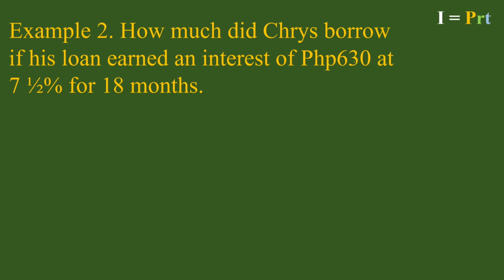Okay, so that is letter I. So, I is equal to 630. The rate is 0.075, so it's 7.5%. 7.5%, that's equivalent to 0.075 in decimal form.